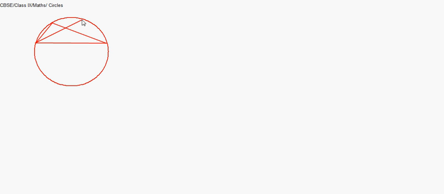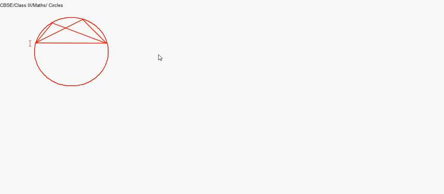I again draw a figure. Give me a couple of minutes wherein I take to draw the figure. This is one angle which is marked as BAC, and the other which I'm drawing right now, this one is marked as BDC.